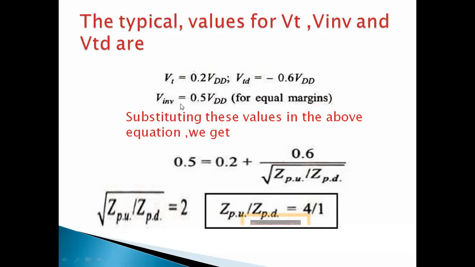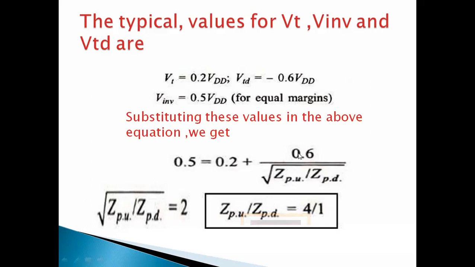If you substitute these values into the above expression, V inverse equals Vt plus VTD divided by square root of ZPU by ZPD, here in this case 0.5 minus 0.2 is 0.3.